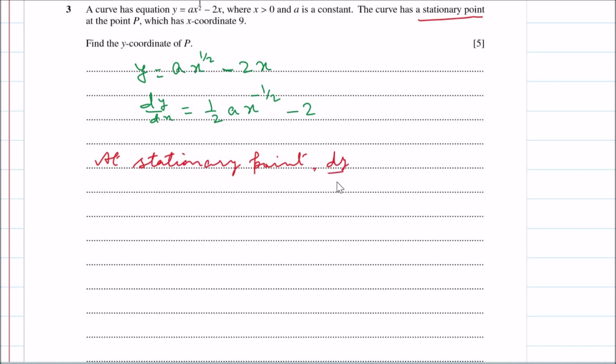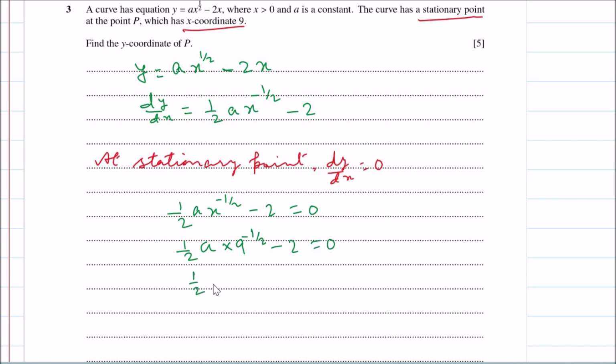We know that at the stationary point, dy by dx equal to 0. So 1 by 2 a x to the power minus half, minus 2 equal to 0. X is known, which is given here, the coordinate is 9. So we'll put the value 9. So half a into 9 to the power minus half minus 2 equal to 0.